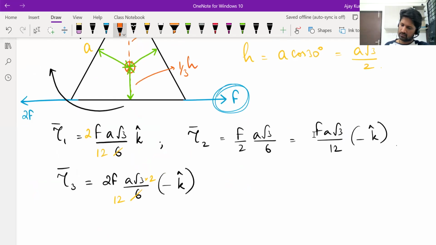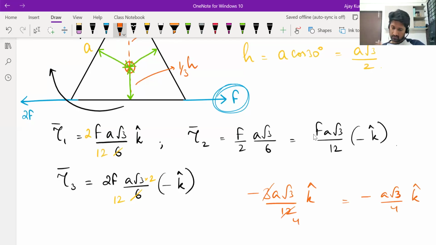So that becomes minus 3a root 3 by 12 k cap. I got minus a root 3 by 4 k cap. 2 minus 1 minus 4 is minus 3. Minus 3a root 3 by 12. I'm getting minus a root 3 by 4 k cap.